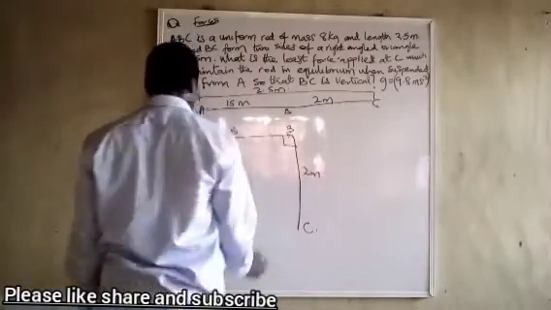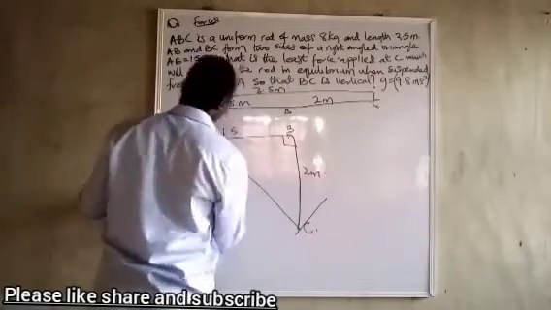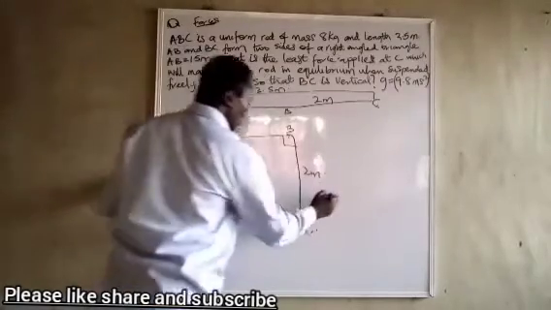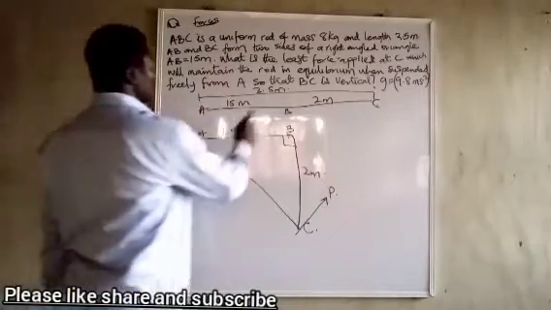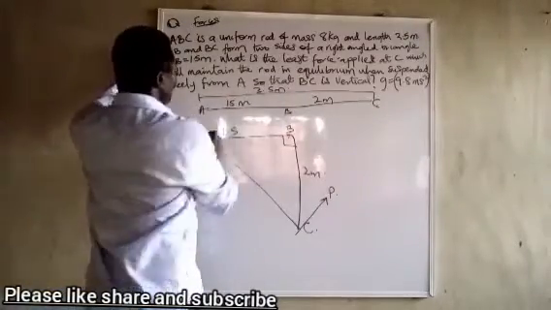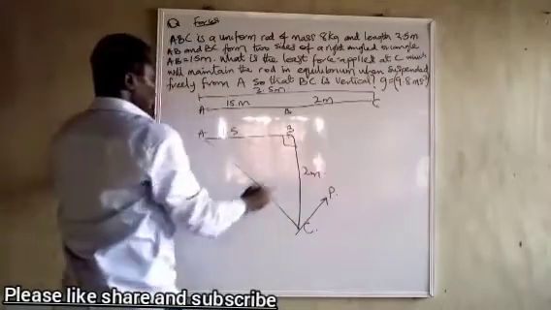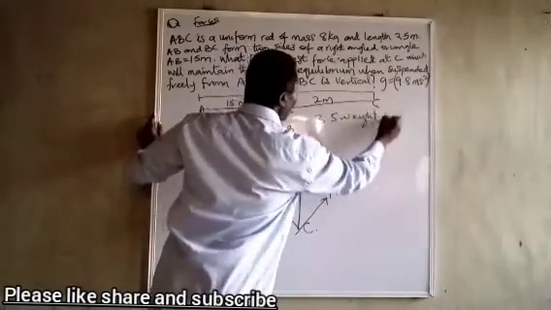The least force that will make it vertical will be a force that is perpendicular to this distance here. Let's call this force P. And we have been told that the mass of this rod is 8 kg. Therefore, 3.5 weighs 8 kg.